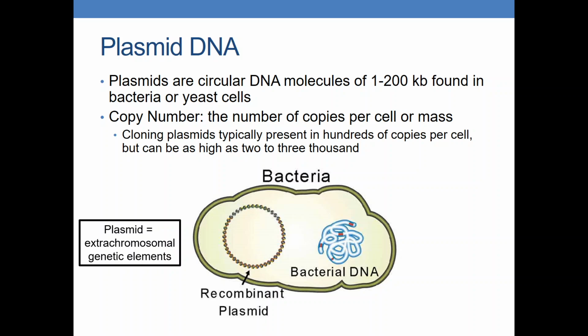They themselves basically just hitch a ride. They move into the bacteria, and if the plasmid confers some sort of fitness advantage to the organism, they benefit the host, and then the host will propagate the plasmid, basically just spread it around.